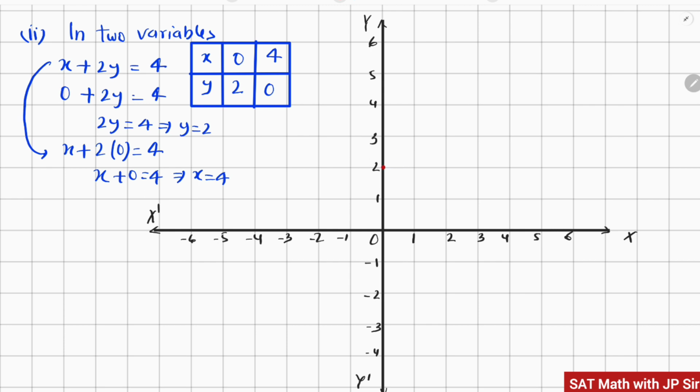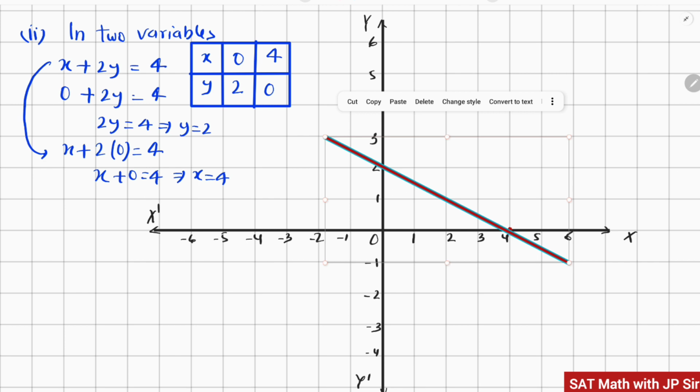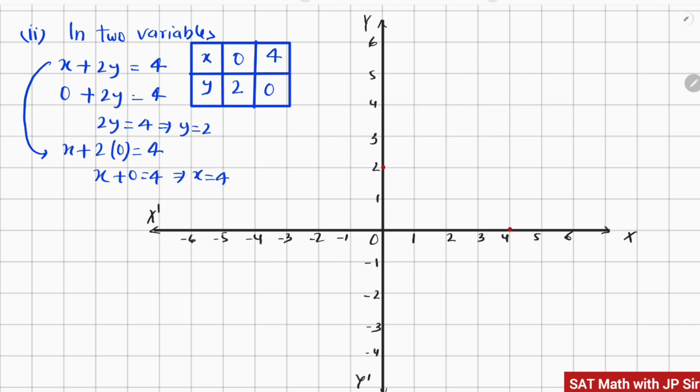And when y is 0, x is 4, this point. And this is our equation, x plus 2y equals to 4.